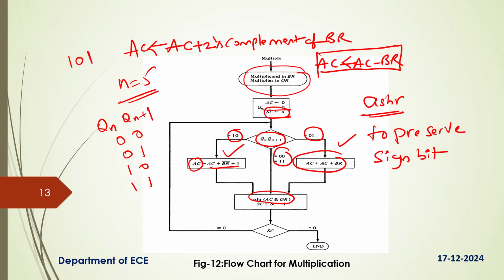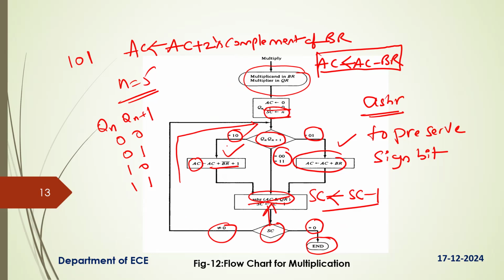After the arithmetic shift right operation, the sequence counter is decremented by 1, so SC becomes SC minus 1, and one iteration is completed. Then check whether the sequence counter is 0. If it is 0, end the process. If it is non-zero, repeat the process. So this is the flowchart for the Booth algorithm.